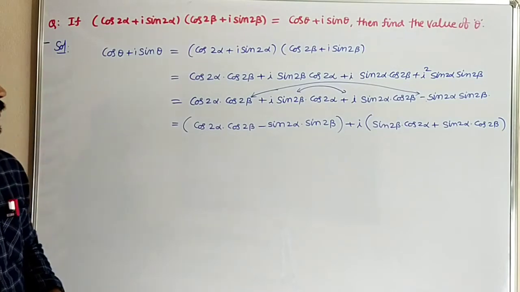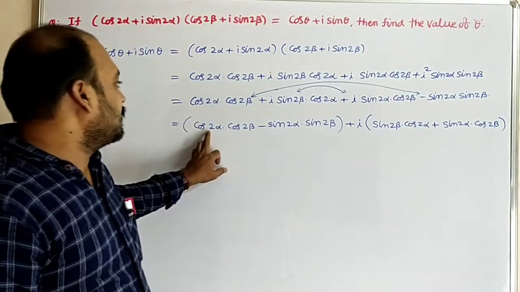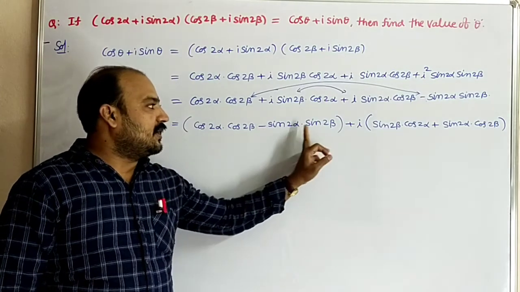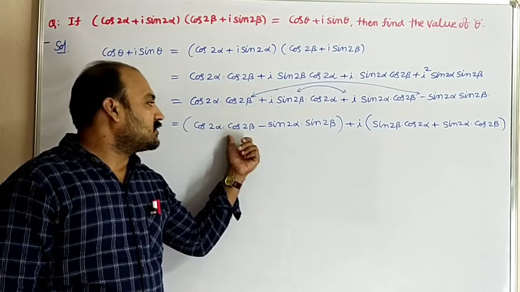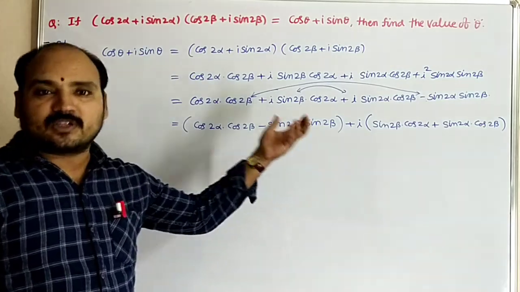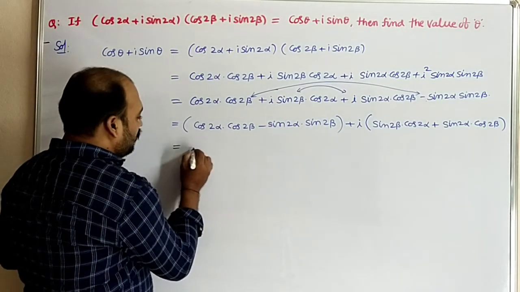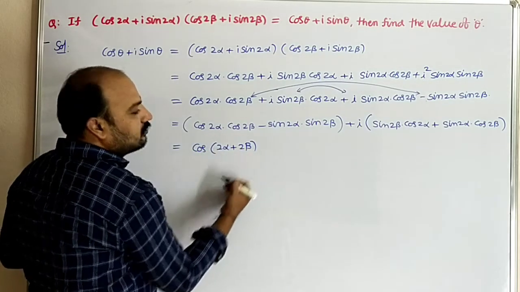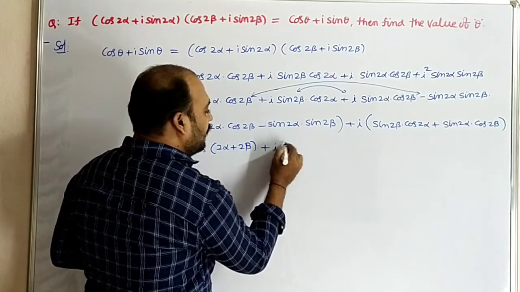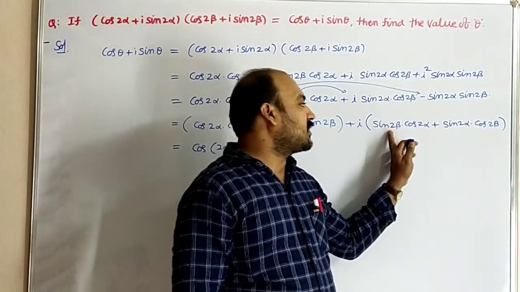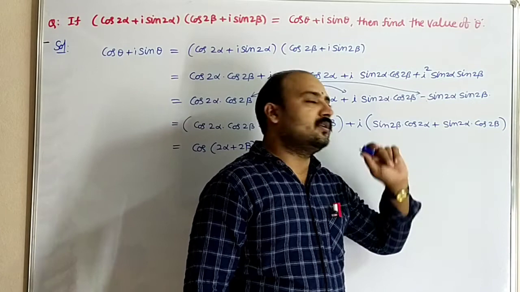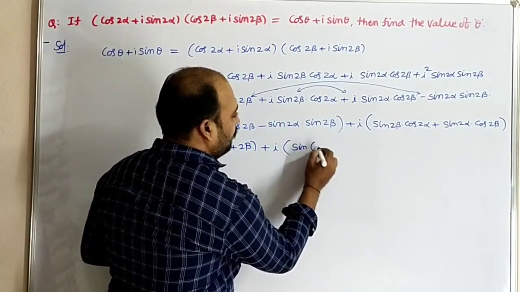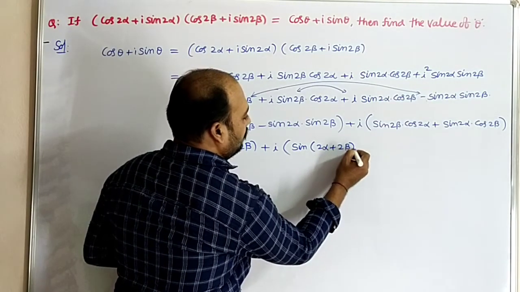It is in the form of cos A cos B minus sin A sin B, which is cos of A plus B. That is equal to cos of 2 alpha plus 2 beta plus i into, it is in the form of sin A cos B plus cos A sin B, so sin of A plus B. So we can write it as sin of 2 alpha plus 2 beta.